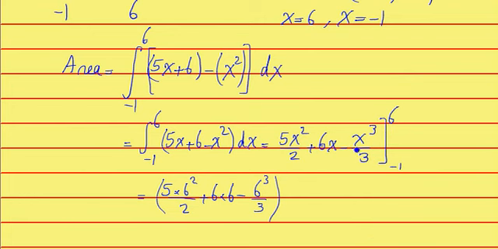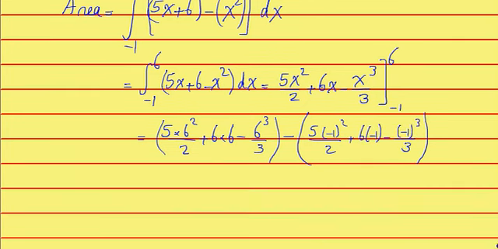That's what I get when I plug in 6. Then minus, always keep these parentheses for safety's sake, minus 1 applied here: 5 times minus 1 squared over 2, 6 times minus 1, minus minus 1 cubed over 3.